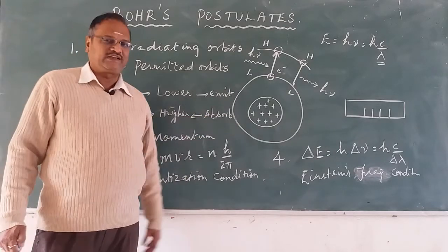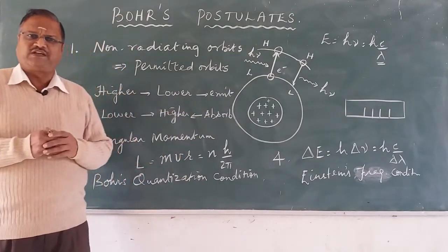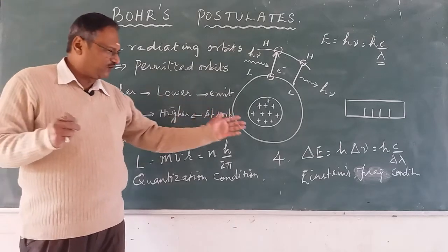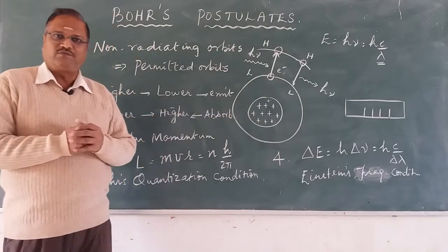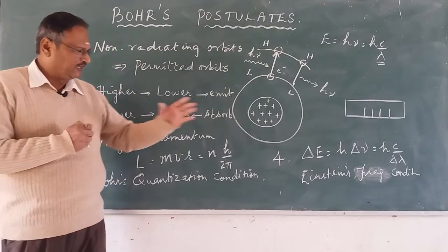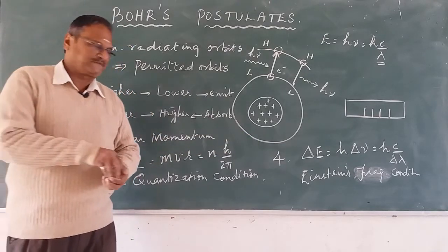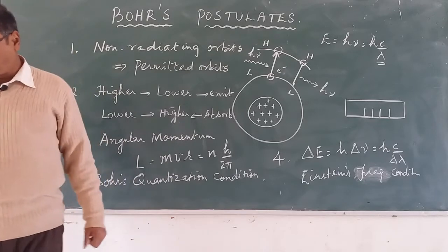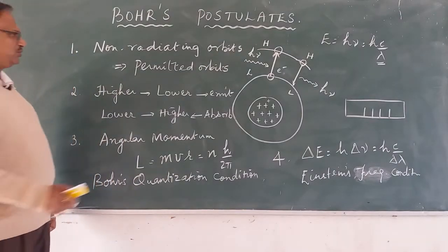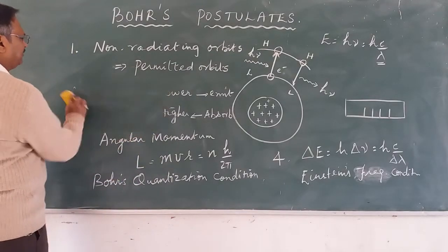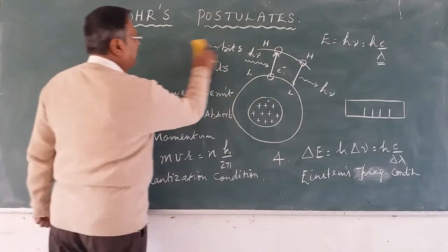And the fourth one is that the change in energy is equal to h change in frequency, E is equal to h nu, which is from Planck's quantum equation, and that is called Einstein's frequency condition.